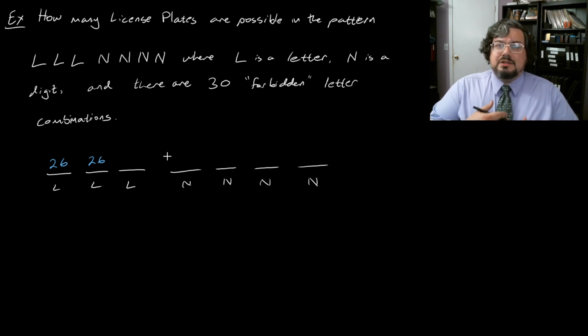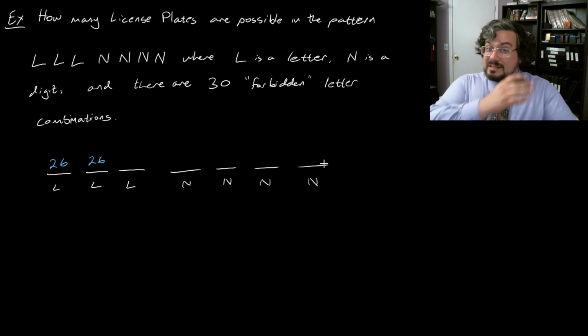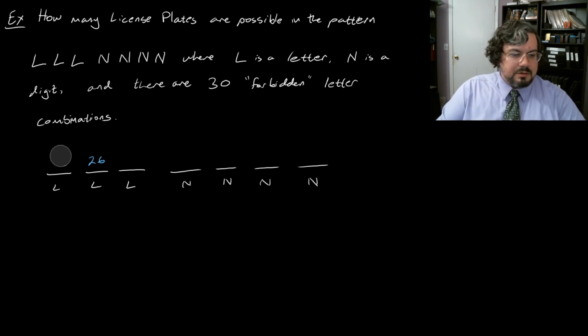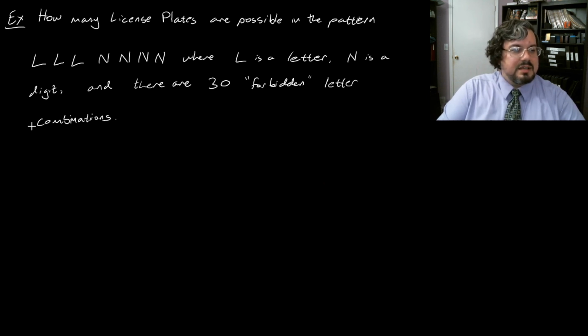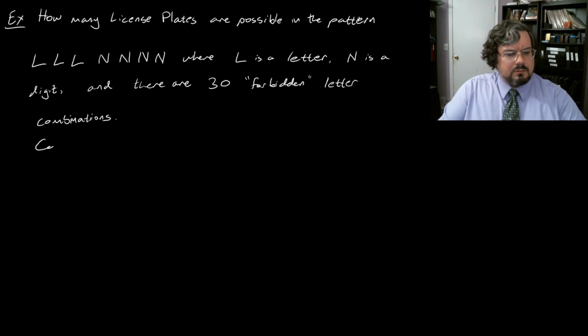So we need to get a little bit more clever with this, and we're going to break this up into larger chunks and then handle each one separately. So rather than just treating it as a sequence of 7 choices where we have a certain number of options for each one, we're going to do this a different way. We're going to compute this as follows.